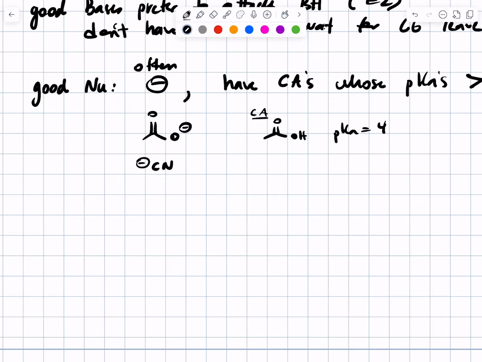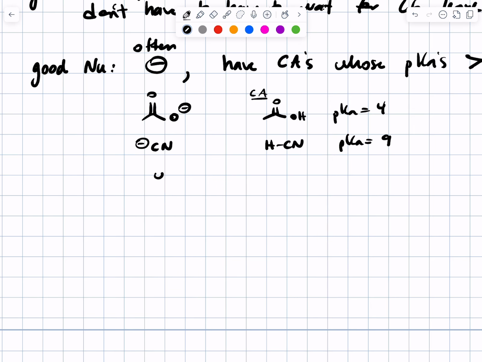Also, as an example, and this is not an exhaustive list, CN-, whose conjugate acid is HCN, has a pKa of 9. I'm just throwing some things up here. OH-, conjugate acid H2O, pKa 16. Alkoxides, similar pKa's of conjugate acids.